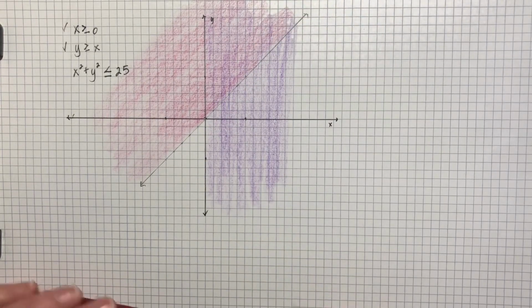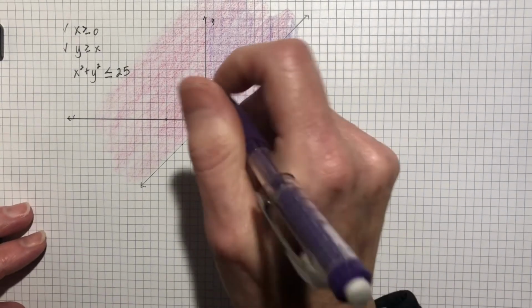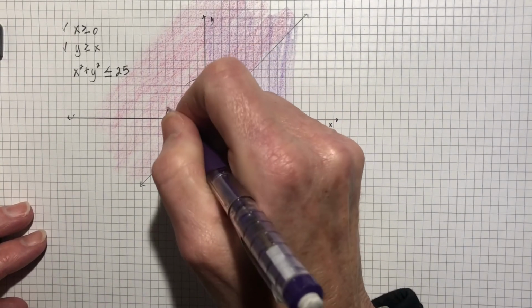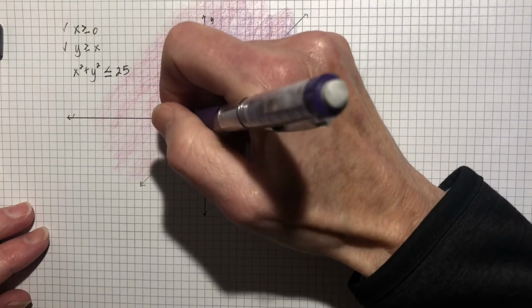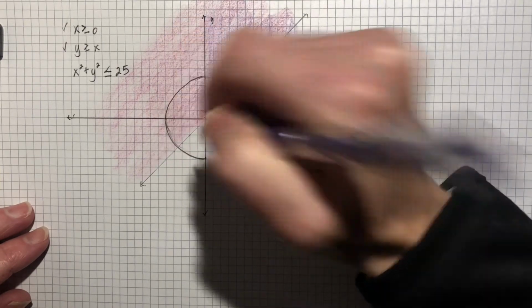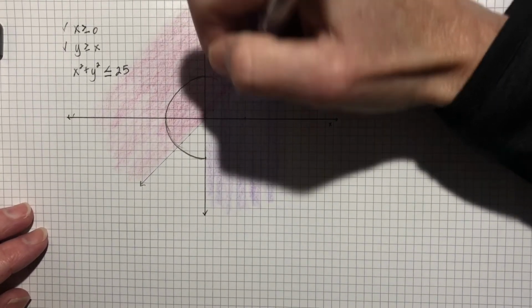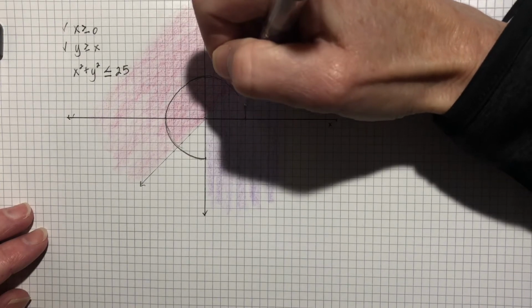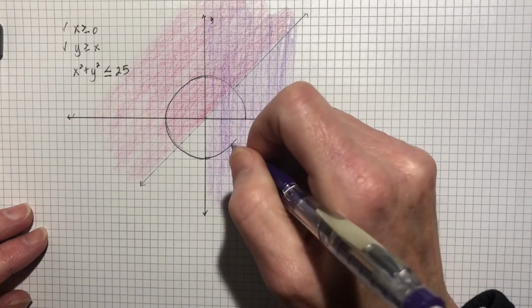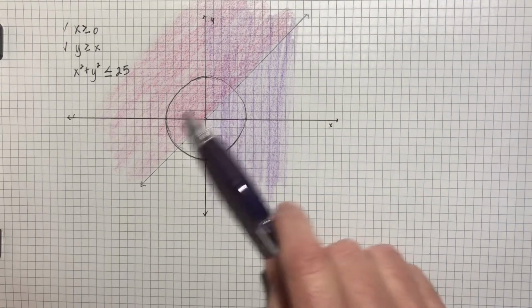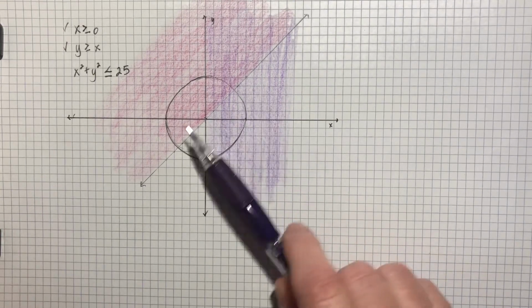And then we will sketch a solid line for the circle.